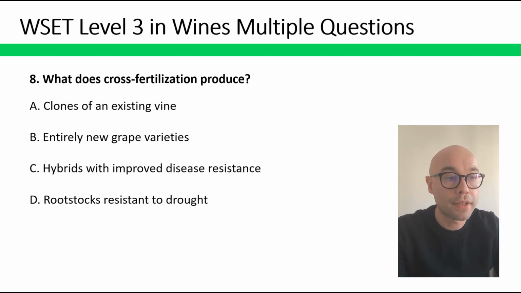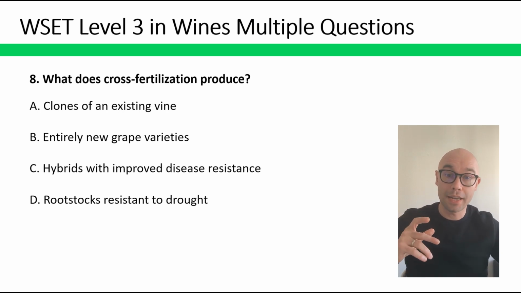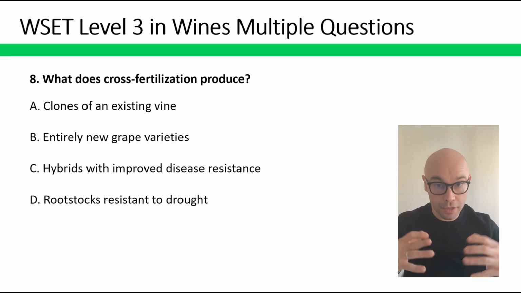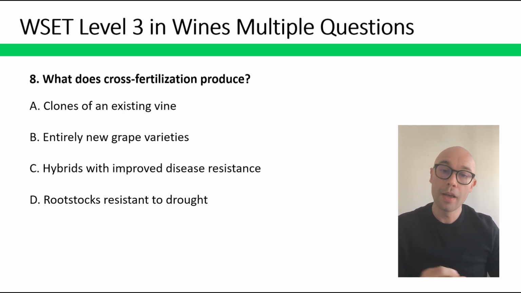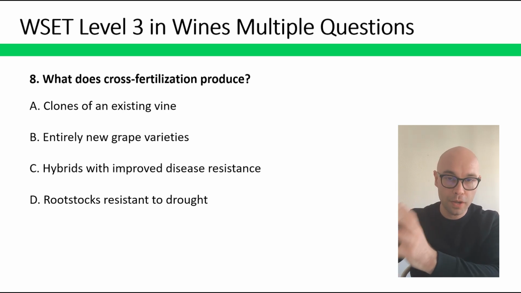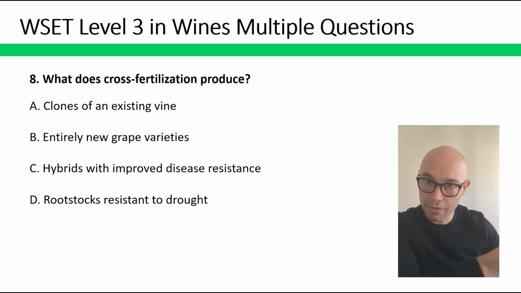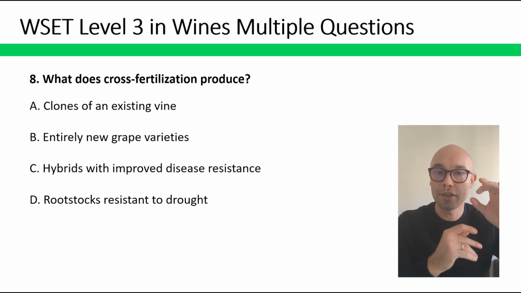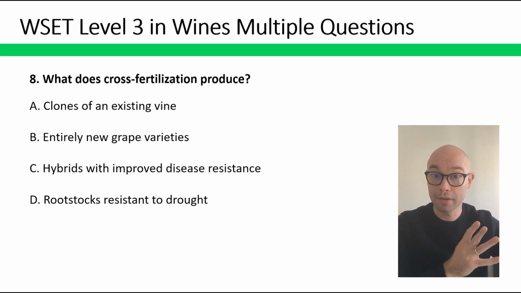What does cross-fertilization produce? A clone of an existing vine, an entirely new grape variety, hybrids with improved disease resistance, rootstock resistant to drought. The correct answer is B, an entirely new grape variety. So cross-fertilization is done in controlled settings today, where you fertilize eggs from one vine with a different vine.